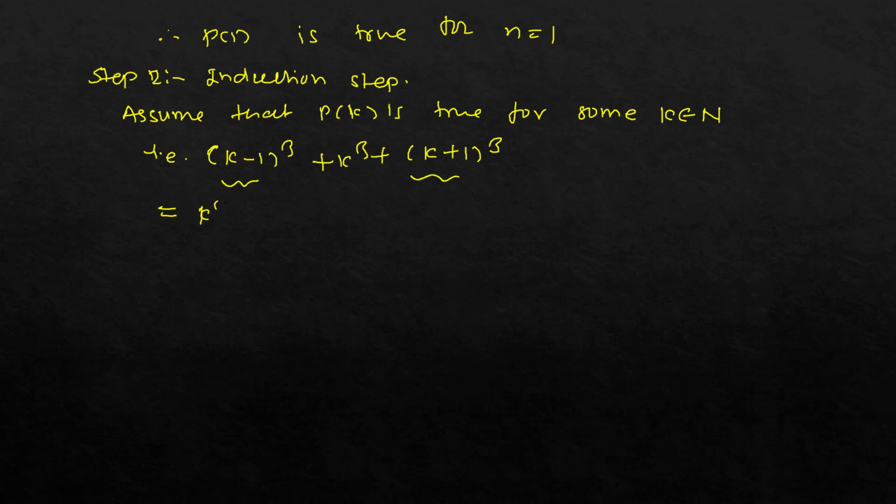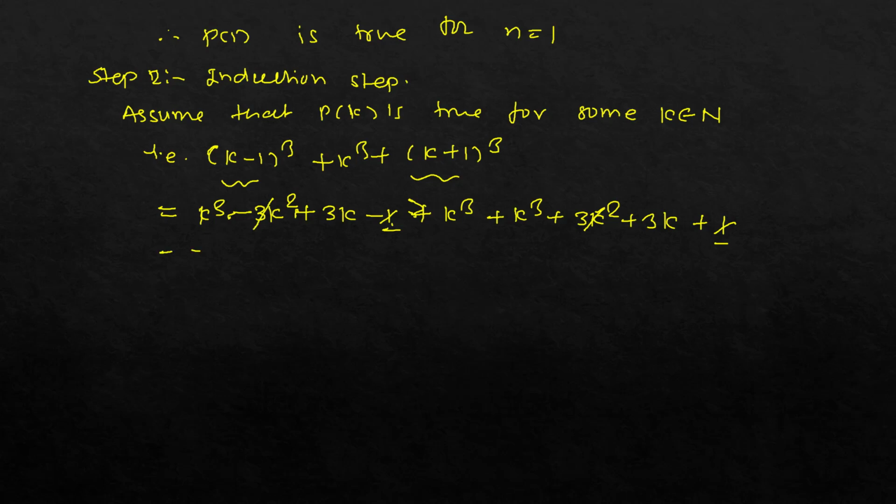That is k cube minus 3k square plus 3k minus 1, plus the next term k cube, then the next term k cube plus 3k square plus 3k plus 1. Here minus 1 and plus 1 get cancelled. After that, minus 3k square and plus 3k square get cancelled.